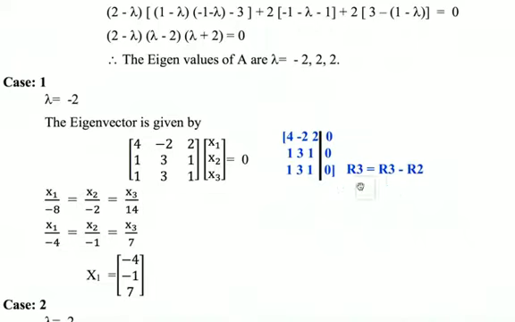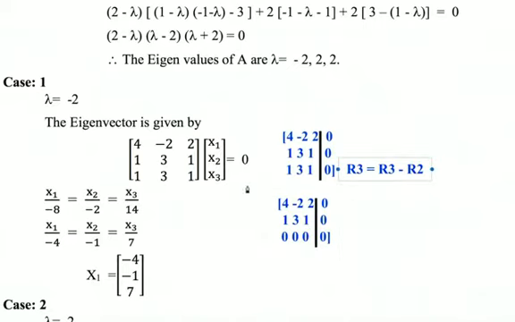R3 equals R3 minus R2. So this becomes 0, yes, 0 0 0.